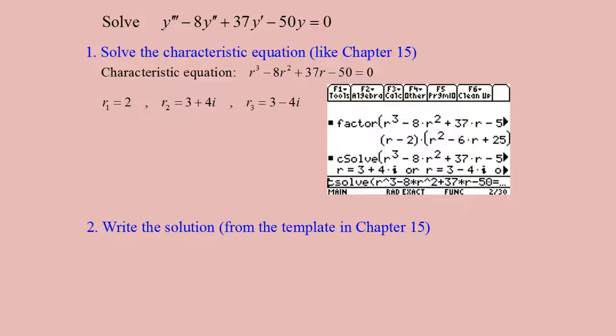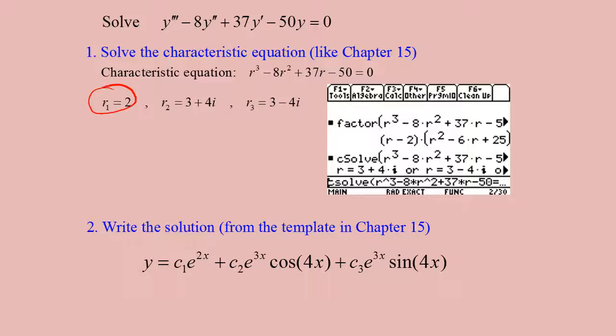Now we have to blend some of the things we talked about in Chapter 15. For example, what you see here is that the one real root gives us the solution c1 e to the 2x.